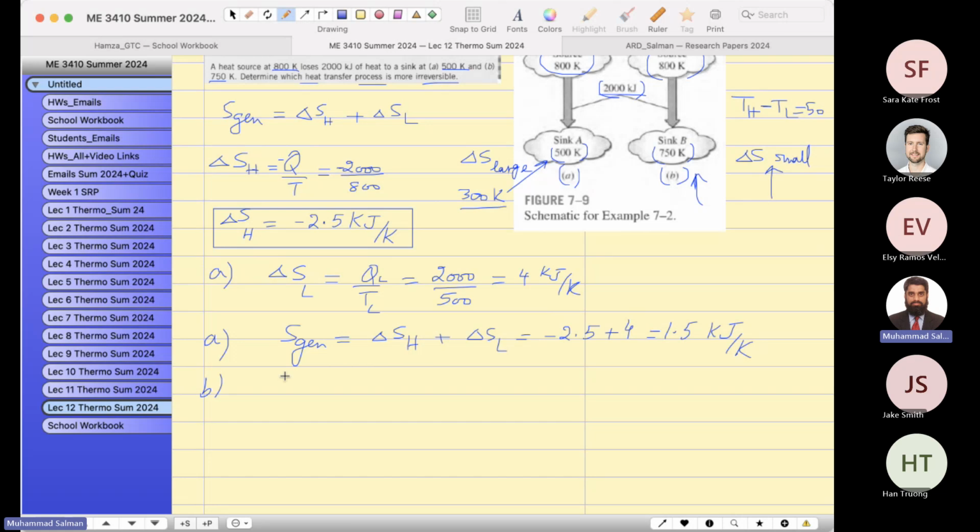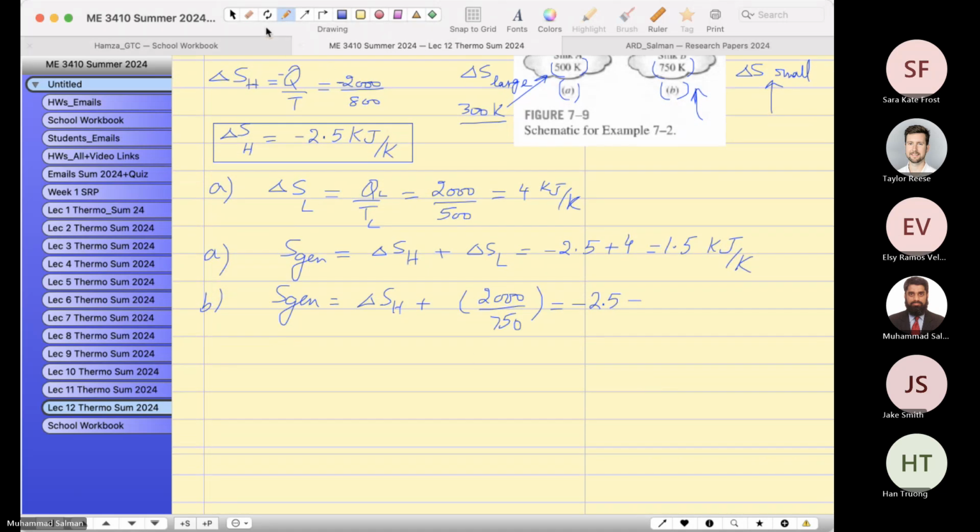We can do the same for the total entropy generation for case B, delta S_H plus delta S_L. In this case, the sink term is 2000 divided by 750, which is 2.66, minus 2.5.